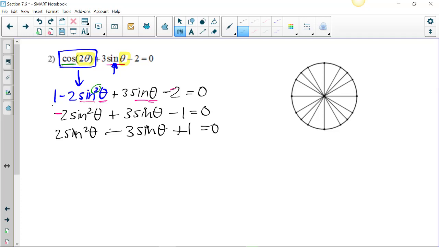And now I'm going to factor. This has a leading coefficient of 2, so whatever method you use, if you use the AC grouping method, trial and error, whatever method you can use to come up with it. But it does factor into 2 binomials, and it is factored into 2 sine theta minus 1 and sine theta minus 1.